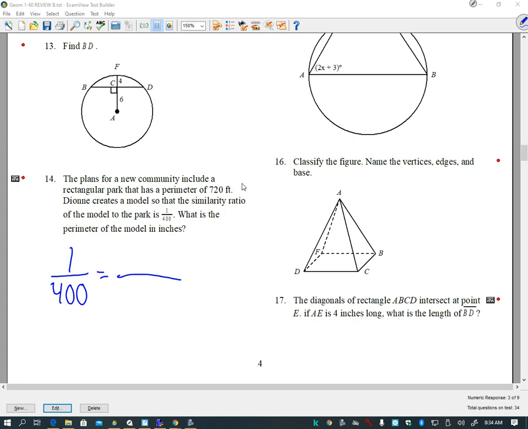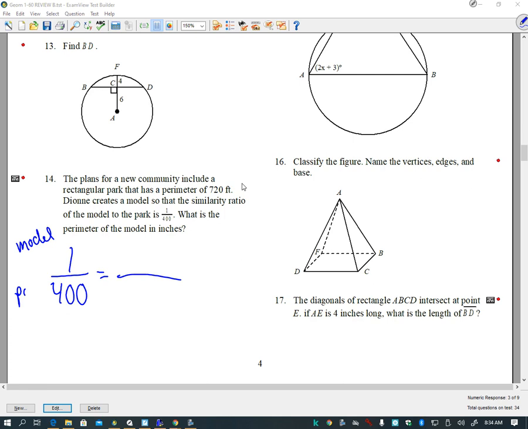What do we think? Rectangular park, it's got a perimeter, the perimeter of 720 feet. He creates a similarity ratio of the model to the park. The model to the park is 1 to 400. So what does the 1 actually represent? The model.